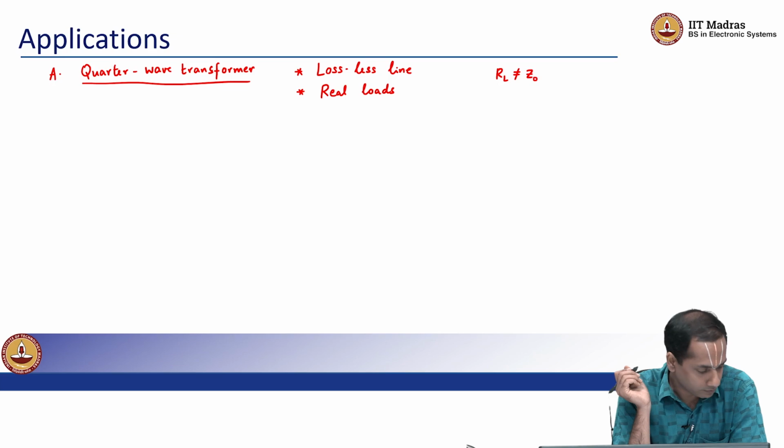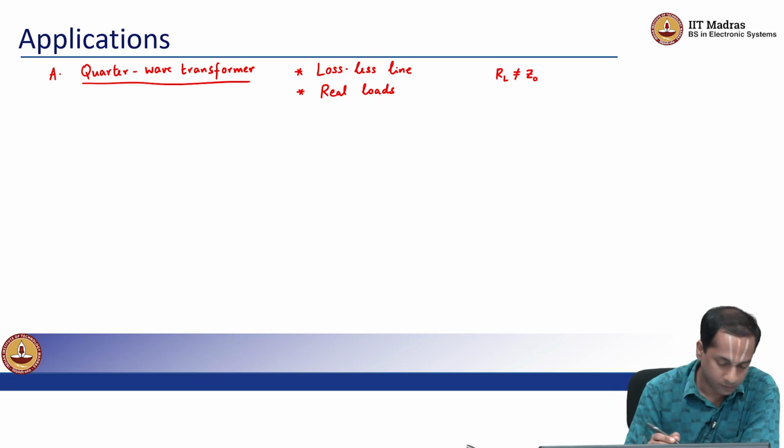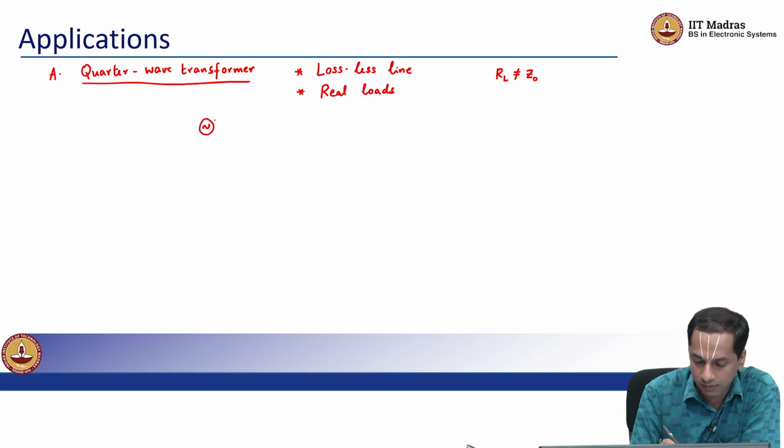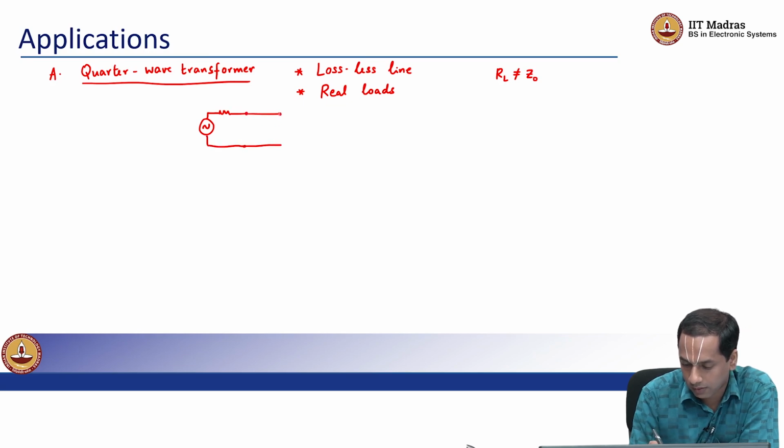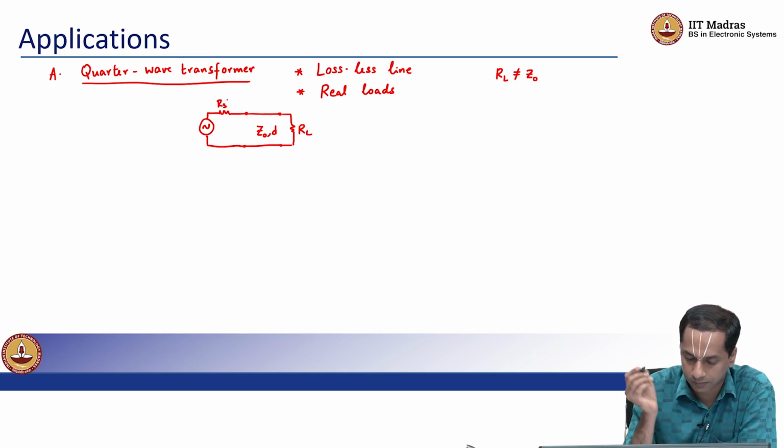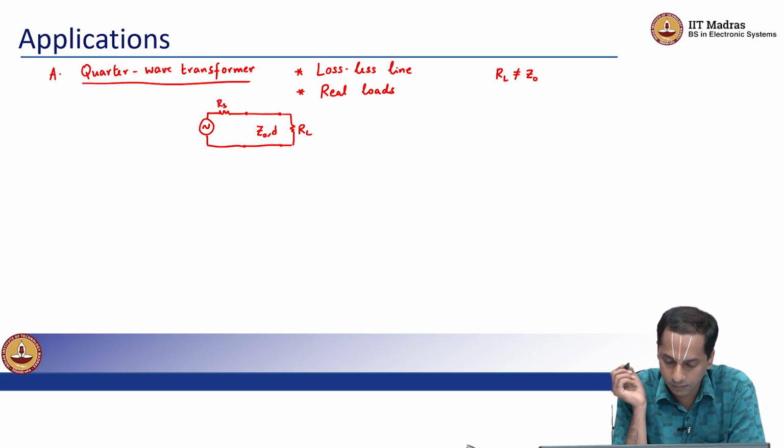Let us see that. So I have a generator, I have a transmission line of Z0 and d, and this is connected to an RL. Okay, and RL is not equal to Z0.